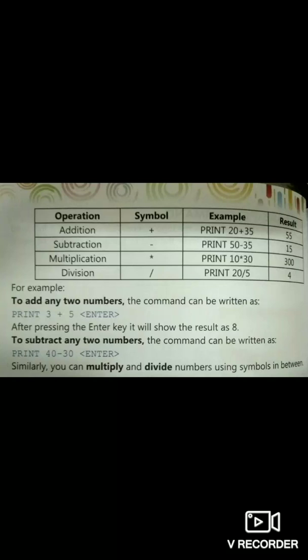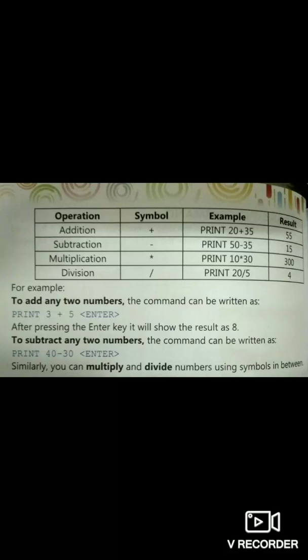On page number 72, see the chart and follow the commands like this. For addition, only print and then the numbers you want to add. For subtraction, print, give the larger number first, then the minus sign, and then the smaller number.